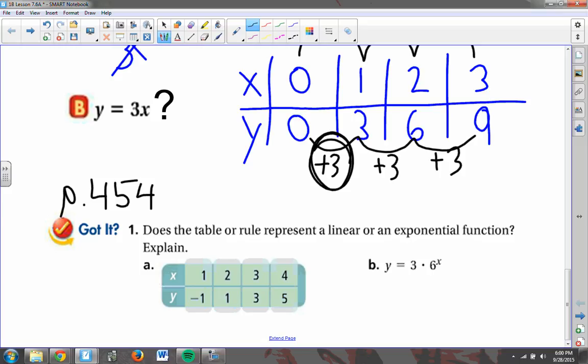For A and B, is it linear or exponential based on what we've just talked about? So pause the video, take a look at those two problems. When you're ready, come with me to the next slide, and we will look at how to evaluate an exponential function, which is really quite similar if we use our calculator, which we will. All right.